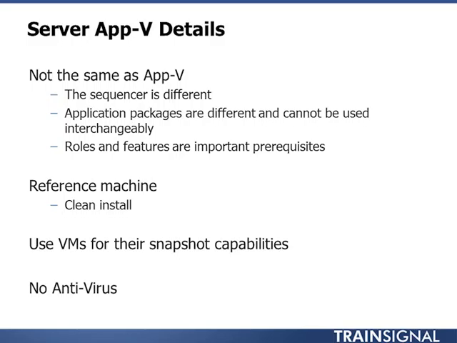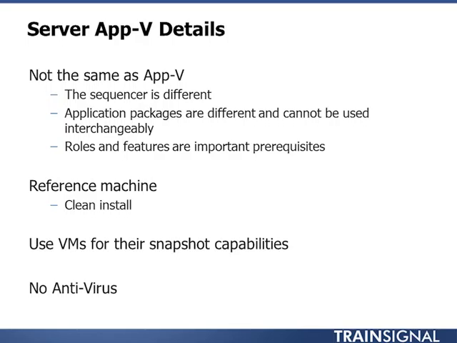Hopefully it exists. Now, the other thing to note, this is the main difference, is that for servers, there's something called roles and features. That's where you install your IIS, you install your Hyper-V. Those are roles and features that don't necessarily exist on a desktop. Hence, server AppV is aware that it needs to take into account roles and features, whereas regular AppV completely disregards those because they don't exist.